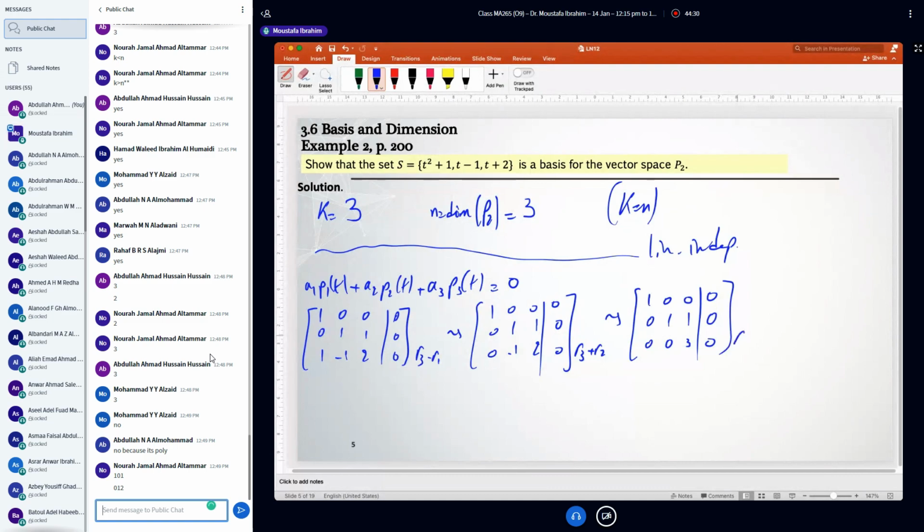The last step is R3 divided by 3: 1, 0, 0, 0, 1, 1, 0, 0, 1, and 0.